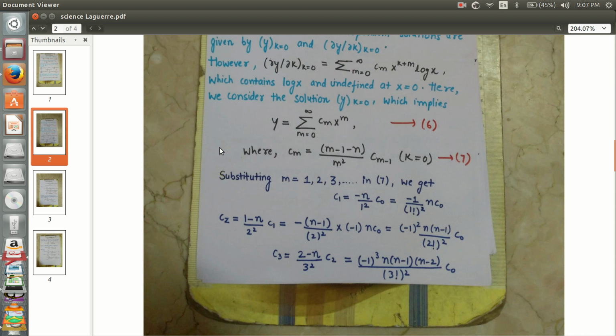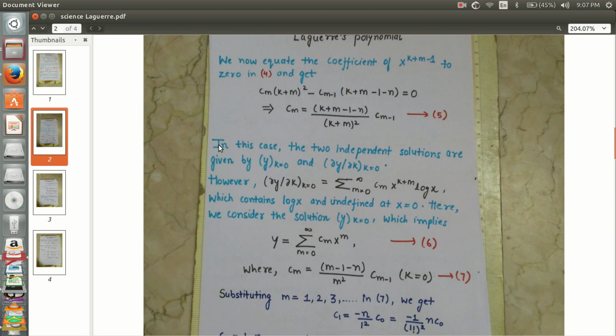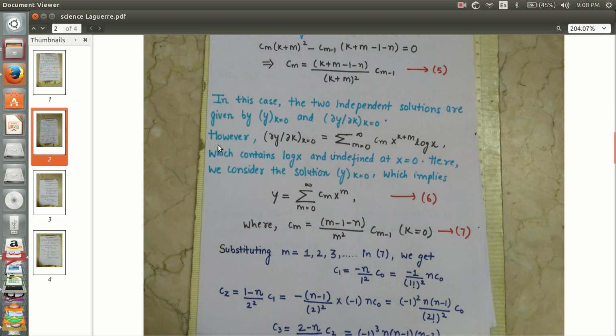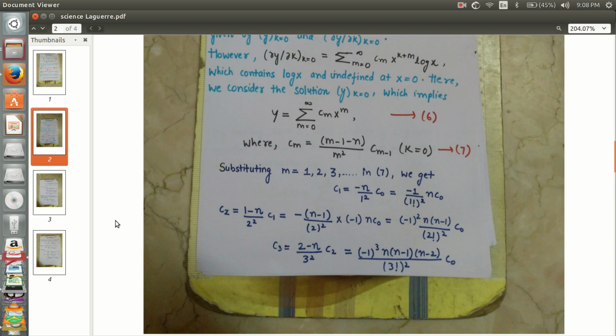So finding c_m, as we have already found in equation 5, c_m equals (k plus m minus 1 minus n) upon (k plus m) whole square into c_(m minus 1). Substituting k equals 0 in equation 5, the value of c_m we get is equation number 7. In equation number 7 we substitute m equals 1, 2, 3 and so on until infinity, and we get the various values of c1, c2, c3 and so on.